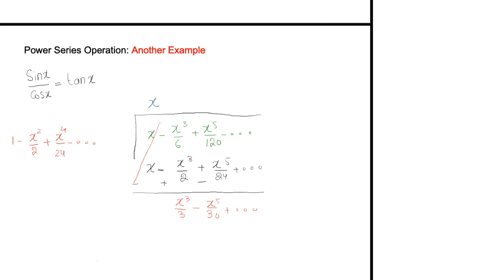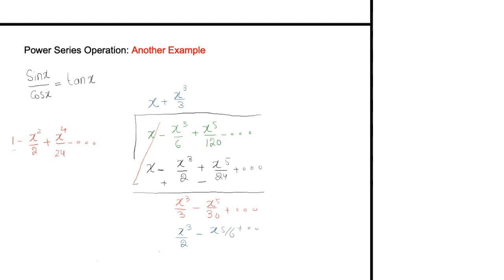Now to cancel out this coefficient, we should multiply this series by x cubed over 3. So now we are multiplying the series by x cubed over 3, and we will get x cubed over 3 for the first term, and then we will get minus x5 by 6 and so on.